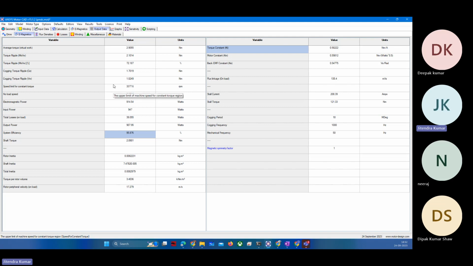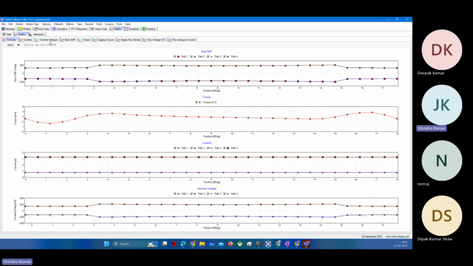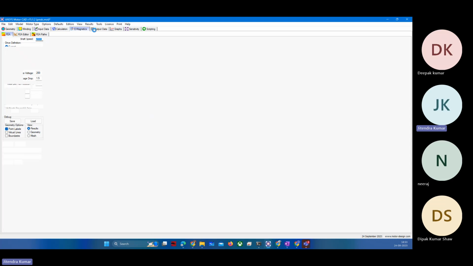In the meanwhile, you can also think about what the reason is. You can see graphs. From the graphs, we have the air gap flux density. The square wave air gap flux density will have some fundamental, some first order, some third order, and so on. I will come to that.